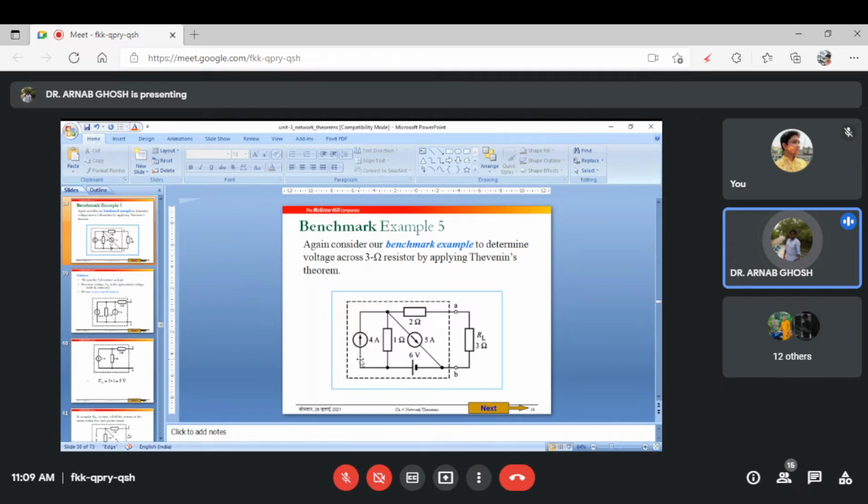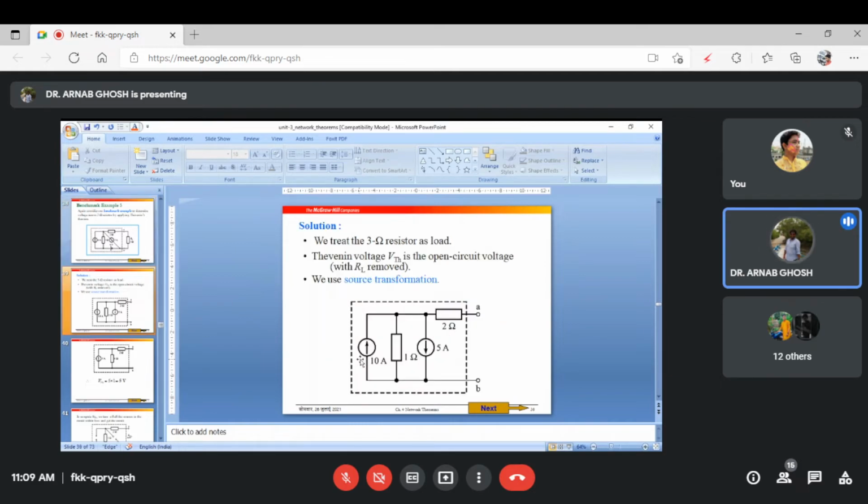This 6 ampere and this 4 ampere get added up. So what is the total current here? 10 ampere. What is the resistance? 1 ohm. The current in this branch is 5 ampere and the resistance here is 2 ohm. First, see if this is clear to everybody.